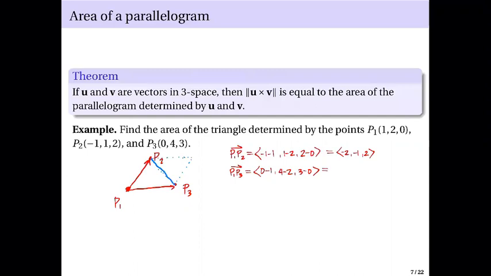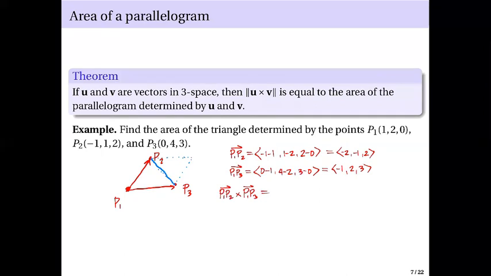So this is negative 1, 2, 3. So this is your first step. Second step, you get the cross product, P1, P2 cross with P1, P3.